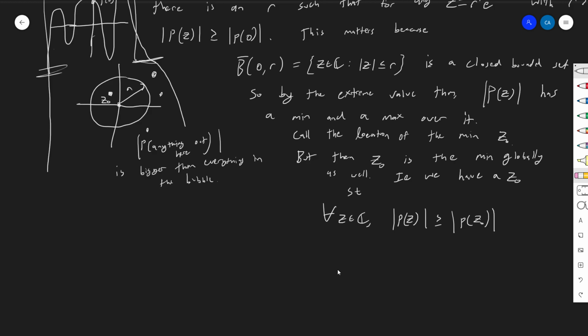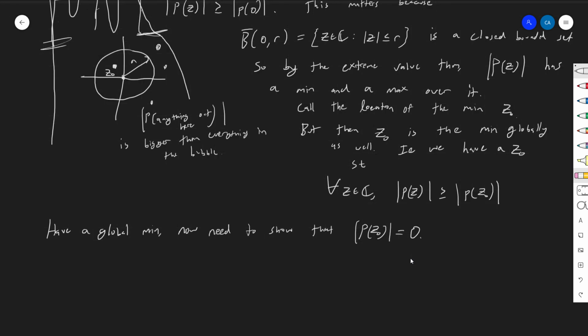And now we just need to show that it's 0. So we have a global minimum. Now need to show that the magnitude of p of z0 is equal to 0. That it can't be anything bigger than 0.